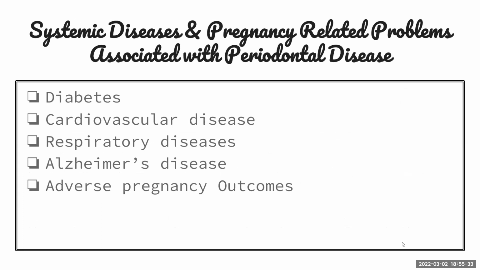They're finding it in other parts of the body, which is where we're getting this research from. So, systemic diseases and pregnancy-related problems associated with perio. We've got diabetes, cardiovascular disease, respiratory diseases, Alzheimer's. It's been linked to Alzheimer's, as well as adverse pregnancy outcomes.